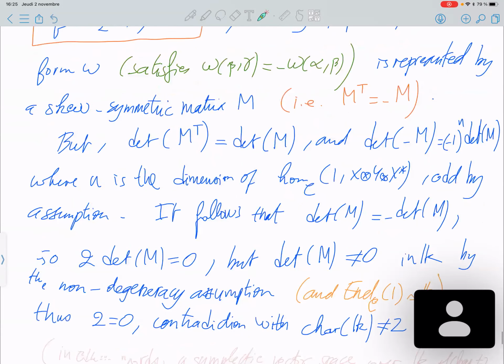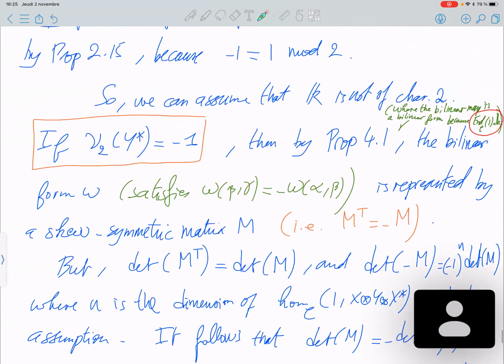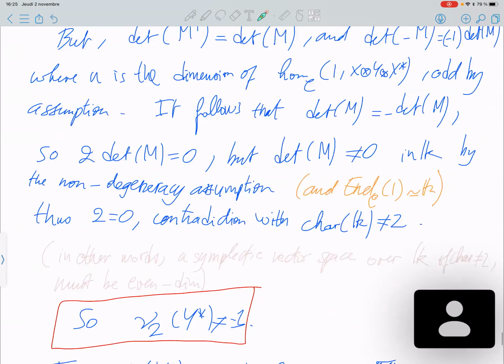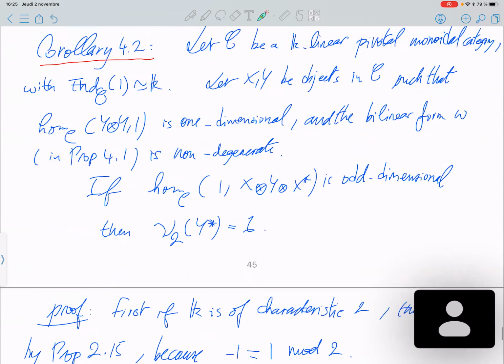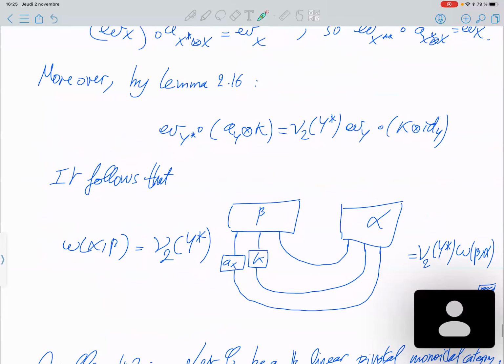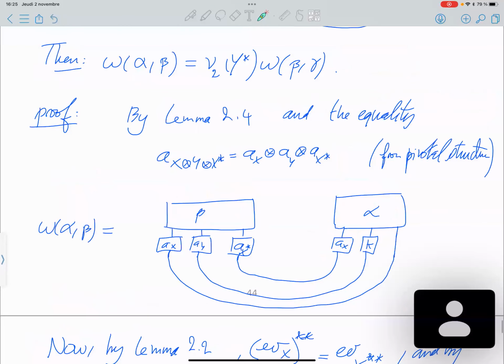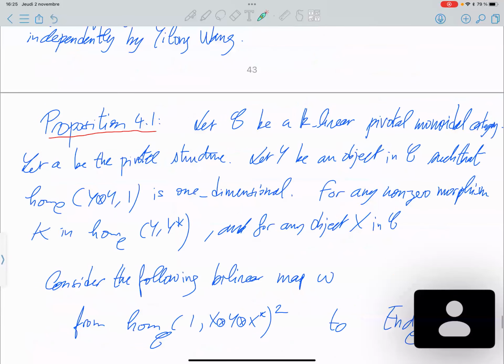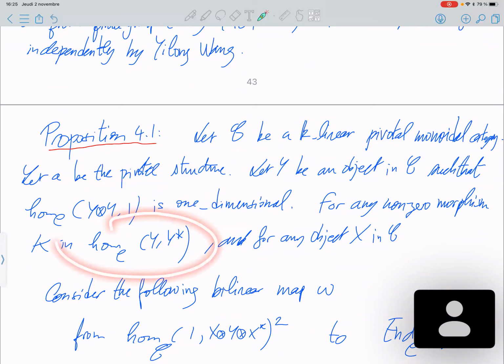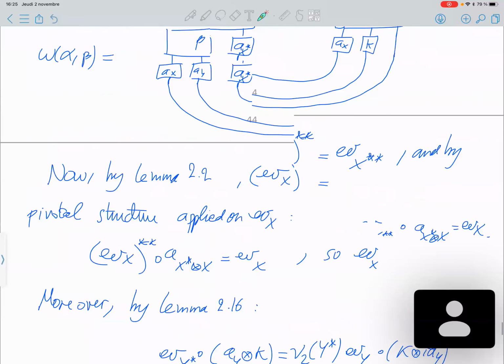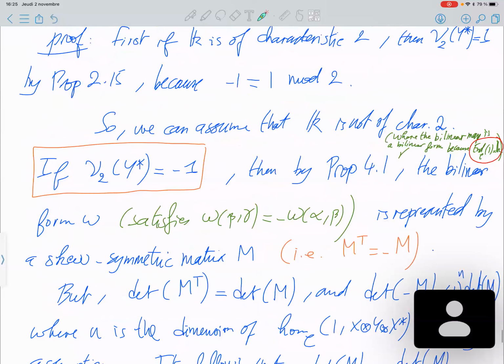What is kappa? So where is kappa? Kappa, kappa, kappa. Here. Kappa is the non-zero morphism between y and y star. Y equal y star. So it's a non-zero morphism. So it's a multiplicative constant of the identity of y. So it's an isomorphism. Okay.